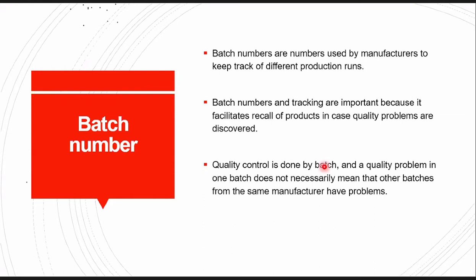But if it's the same manufacturer and there's a problem in one batch, while the other batches of the same expiry date by the same manufacturer are okay, it won't mean that all the batches from that manufacturer are faulty. No, it's just that batch number that fails the quality test.